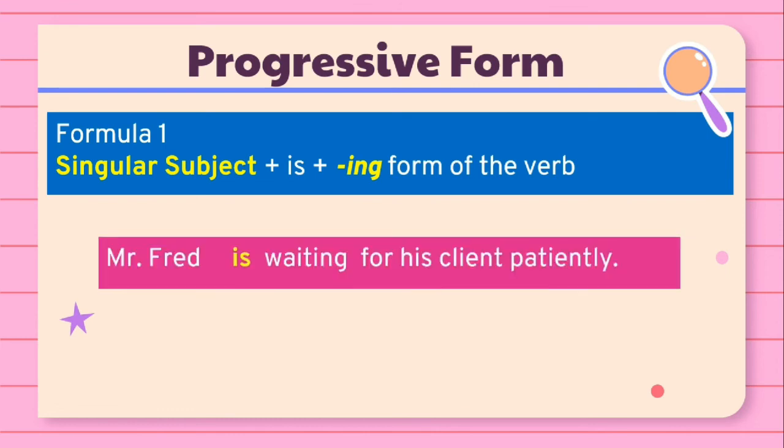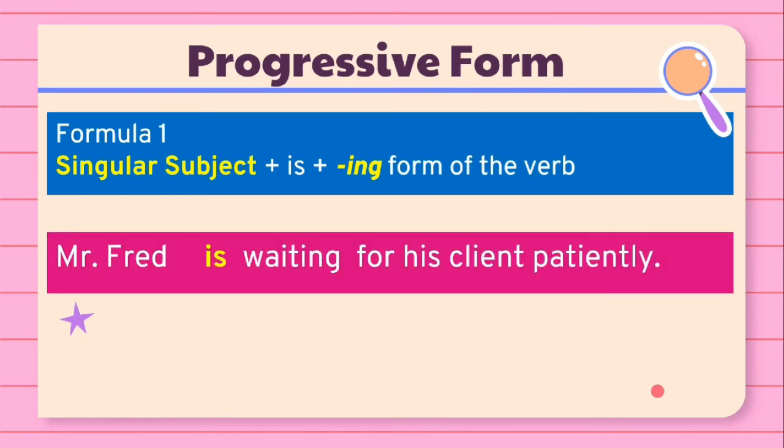So let us look at our sample sentence 1. Mr. Fred is waiting for his client patiently. So notice that in our sentence, we are using is, and then it is followed by the verb waiting. What is the base form of the word waiting? So the base form would then be wait. So for this verb, we add ing.